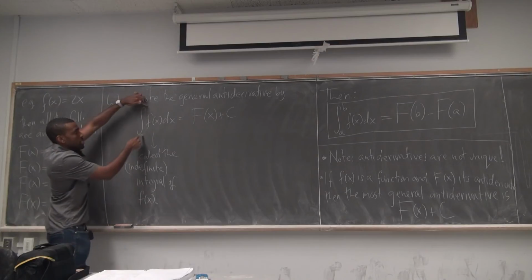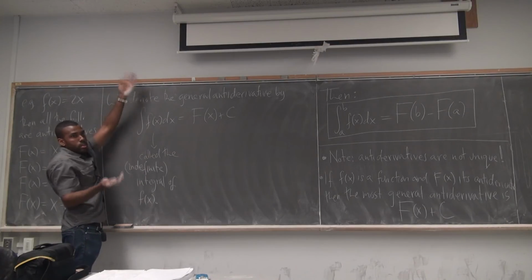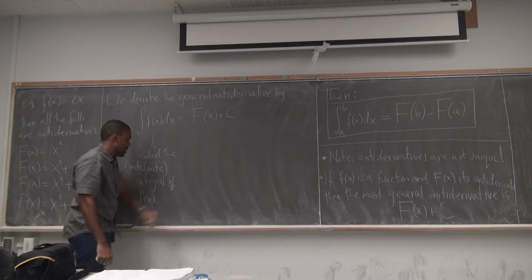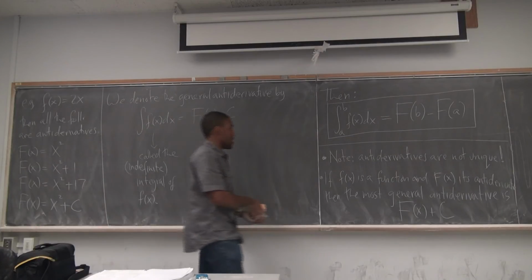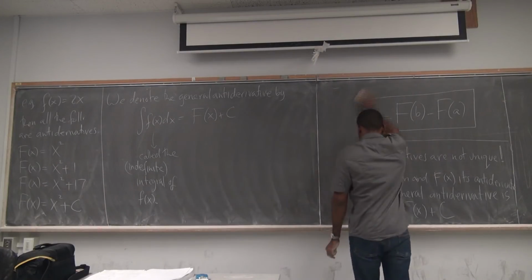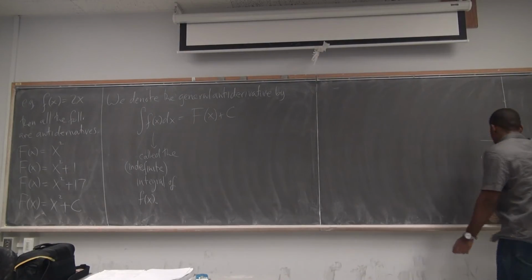Notice it's indefinite because I did not give you any limits. I didn't specify what interval I'm on. So it's indefinite. I don't really know where it's going to work, but this is going to be the function that's going to make it happen. So that's called the indefinite integral, or simply the antiderivative of f. They're kind of synonymous.